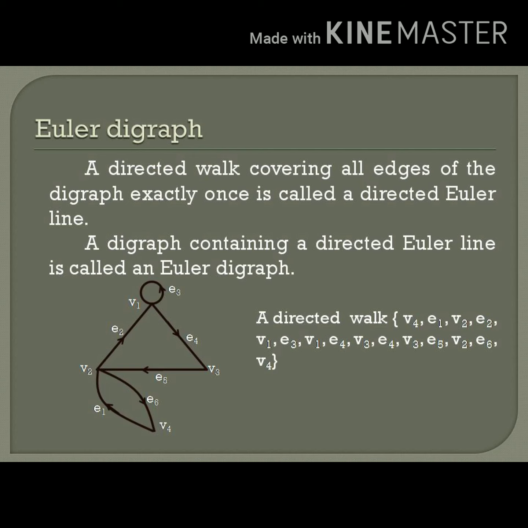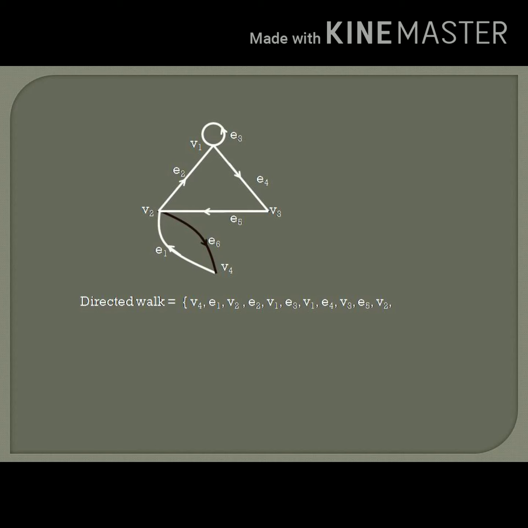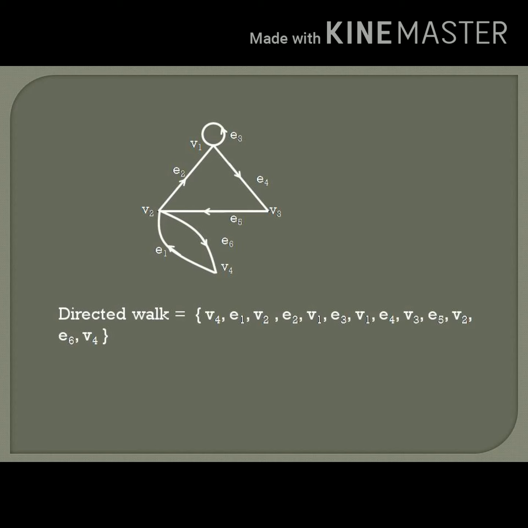So this is called an Euler digraph. Now just observe the white line on the graph which shows a directed walk that starts with V4, V4 E1 V2, V2 E2 V1, V1 E3 V1, V1 E4 V3, V3 E5 V2 and V2 E6 V4.